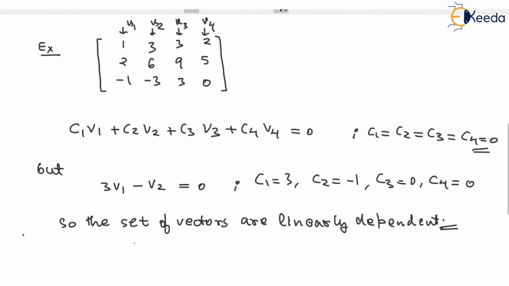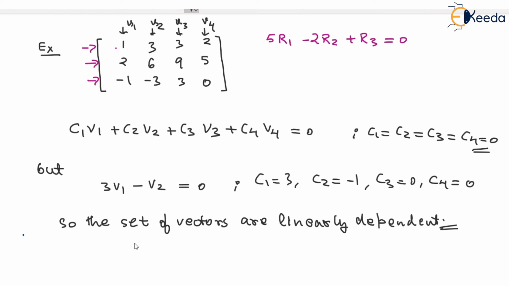What other observation we can make is, let's say these are also some vectors r1, r2 and r3. These rows are going to be other vectors. So if we observe, 5 times R1 minus 2 times R2 plus R3 is also 0. 5 times 1 will be 5, minus 2 times 2 will be 4, and plus 1. So 5 times row 1 minus 2 times row 2 plus row 3 will be equal to 0.